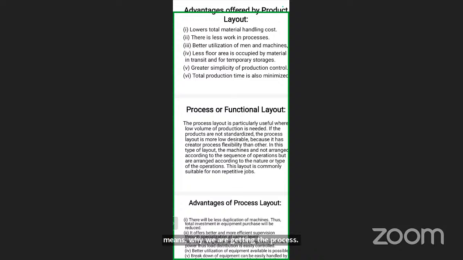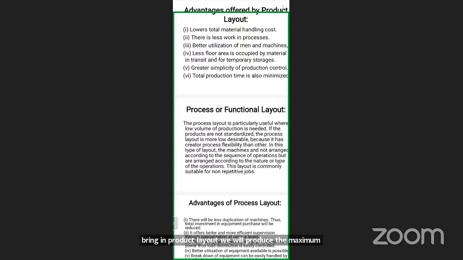Because all the equipment and machines are not arranged in proper sequence, so we are not getting much production. But in product layout, we get the maximum production.